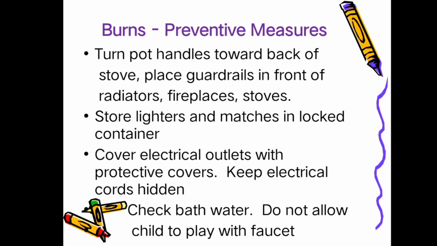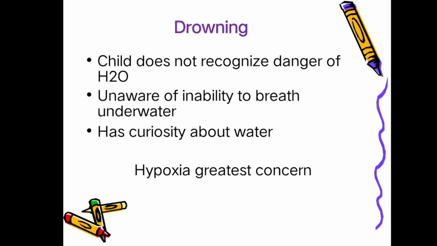These are some of the preventive measures for burns. And even in the restroom, you have to prevent the babies from using and playing with the faucets. If you switch on the water heater for bathing, hot water will come out from the faucets, and if the baby uses them, that may end up in burns.